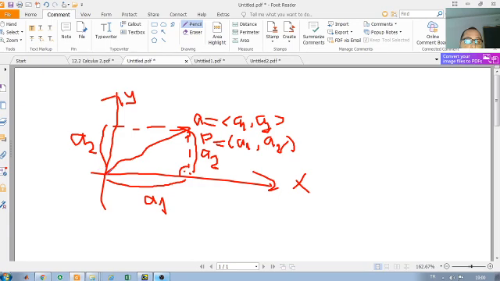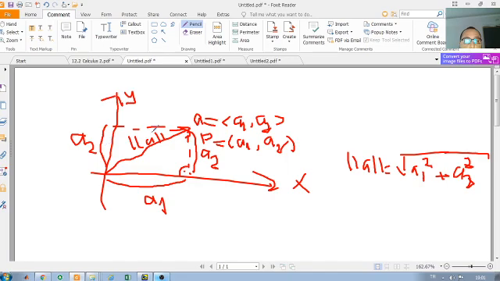So the distance from the origin to the terminal point of the vector A, by using the distance formula, the length of the vector A will be equal to, from the Pythagorean theorem, the square root of A1 squared plus A2 squared. Okay, from here.